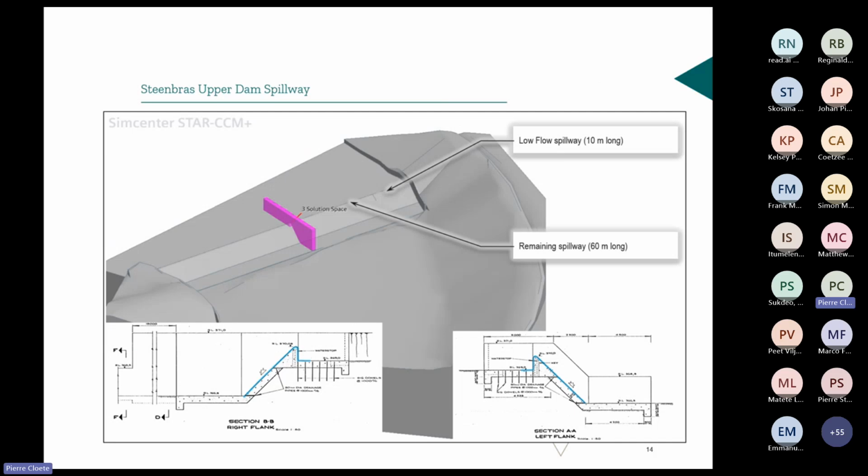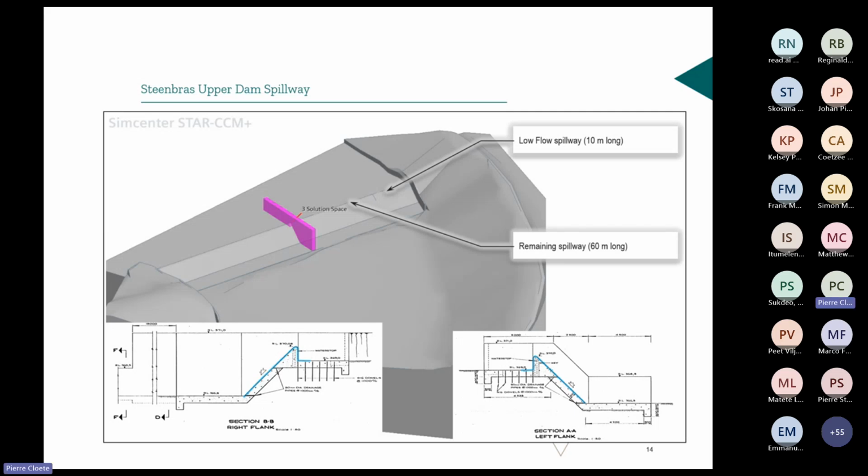Because the upper dam spillway was a very monotonous or singular section throughout its length, we decided on using a unit width approach for the spillway capacity determination. So we took a 1 meter unit width and basically did what you can almost consider a two-dimensional CFD analysis.